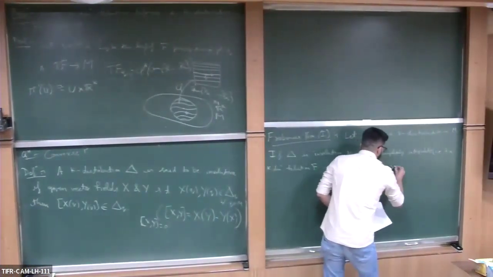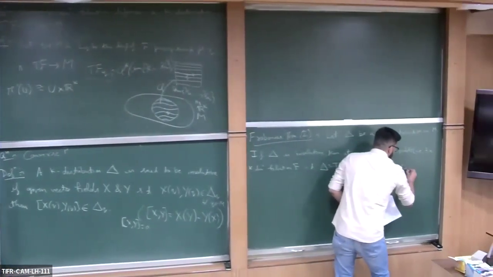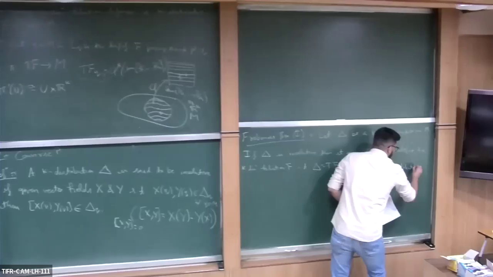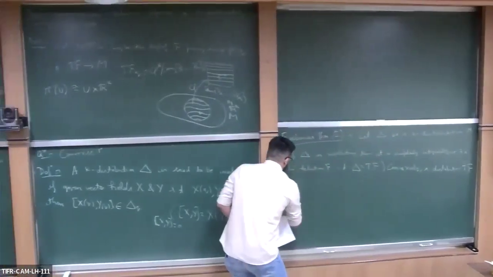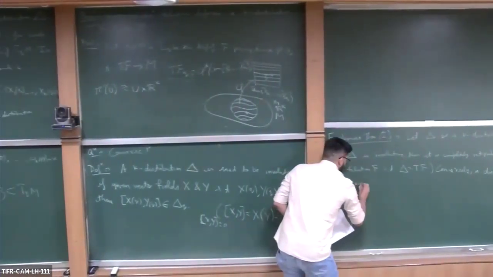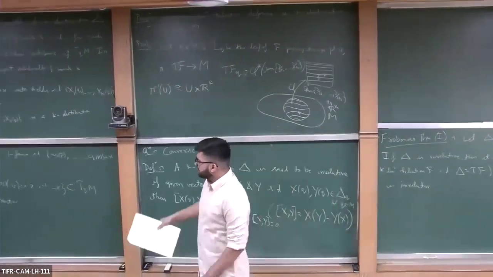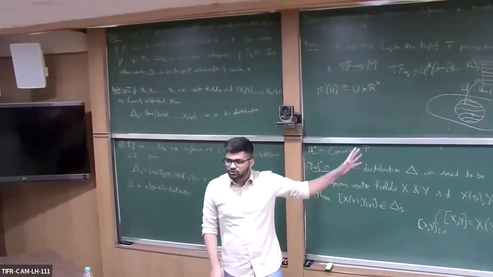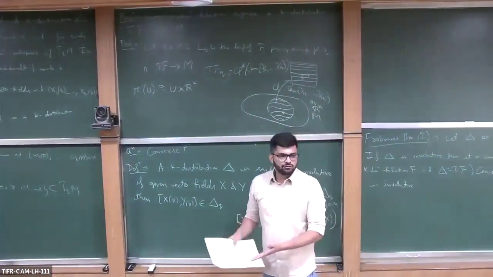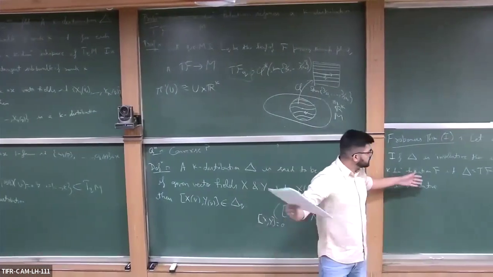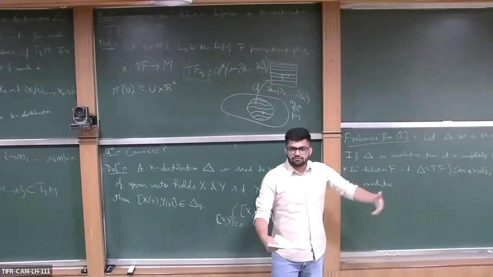Conversely, a distribution corresponding to a foliation is involutive. We checked that we assigned a k distribution to a foliation, and it is also true that that distribution is involutive. And if we start with an involutive distribution, then there is a foliation. So it gives us an if and only if condition.